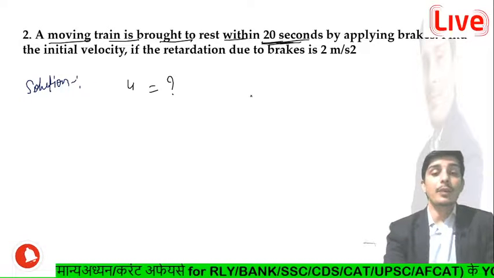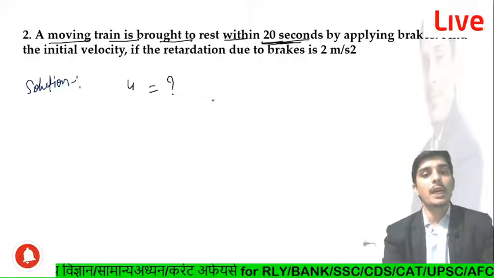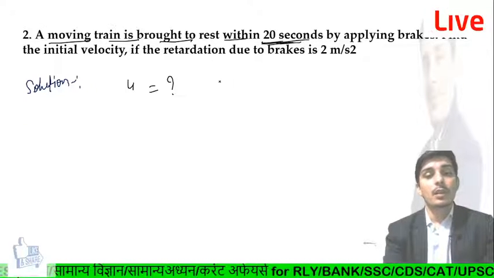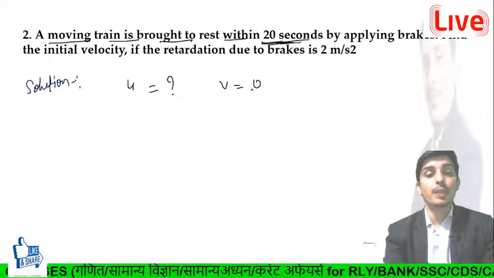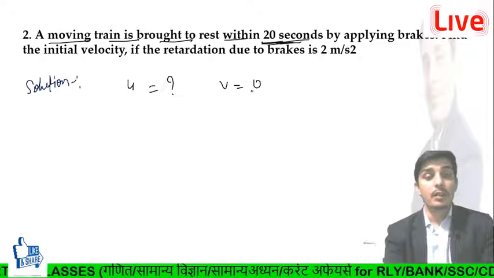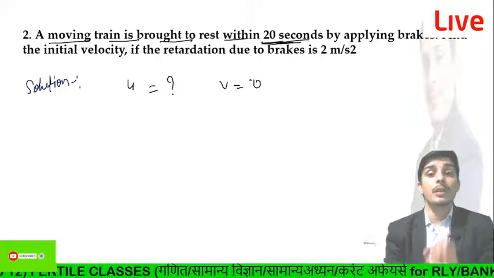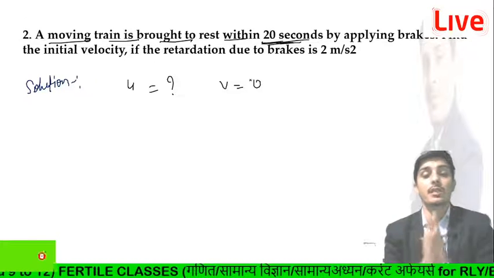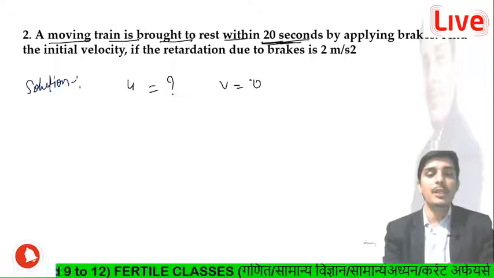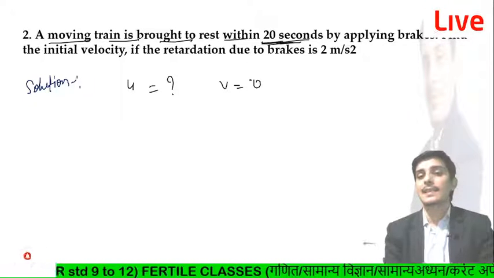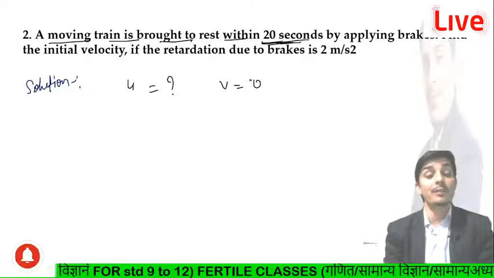After 20 seconds it comes to rest. I have already discussed that if any object comes to rest, or stops after some time, we can consider the final velocity is equal to 0. This is a very simple concept.